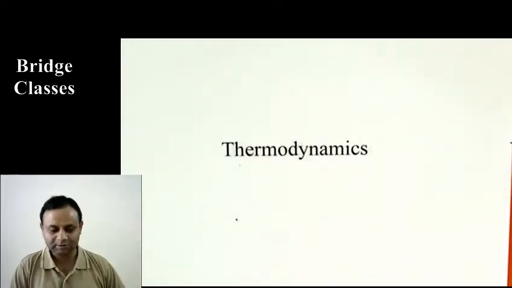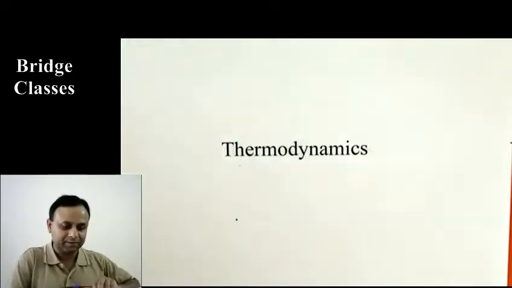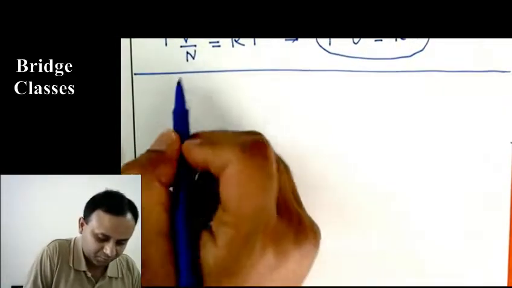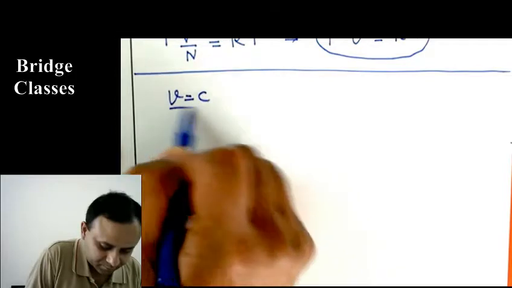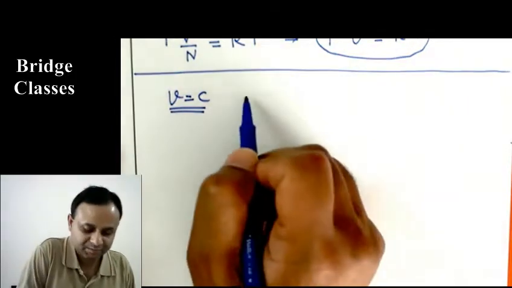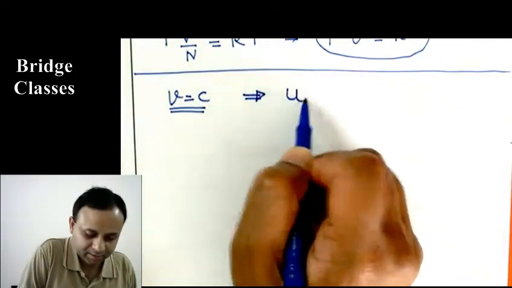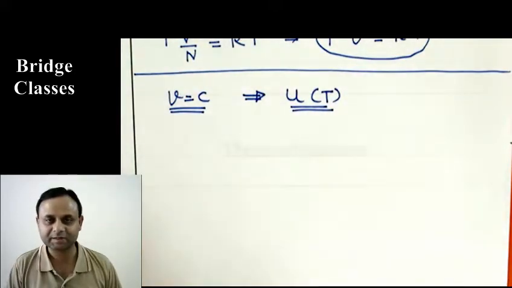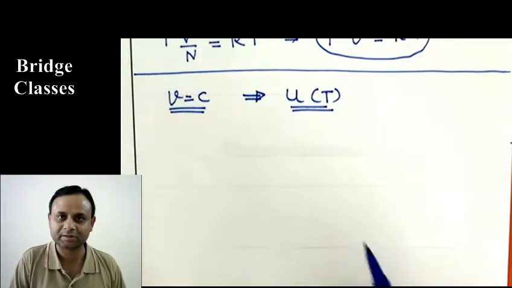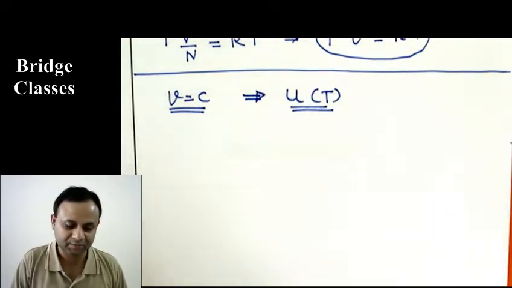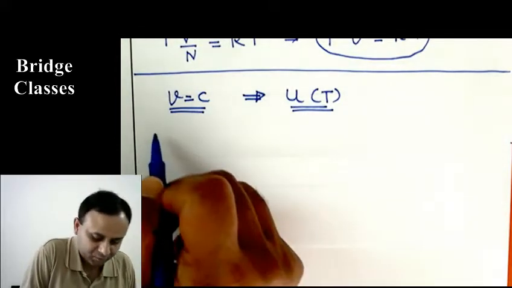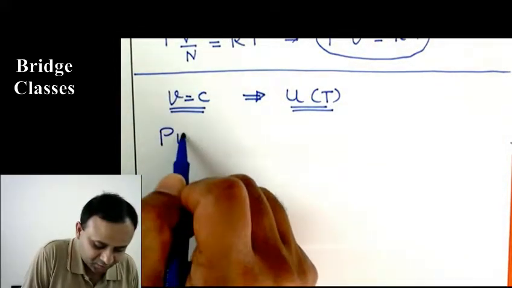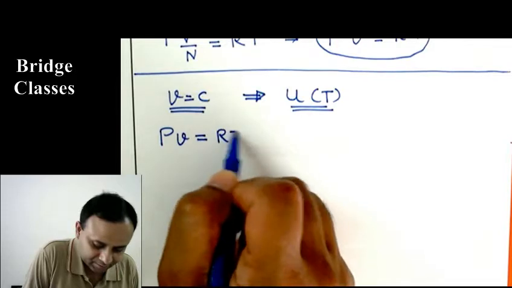Okay, now just like we discussed that when V is constant, so the substance is incompressible, you get internal energy is a function of temperature only. That's the simplification, and based on this you get there is only one specific heat. We don't have to say Cp or Cv, and we get a very simple result. Actually, the same thing happens if PV equals RT.